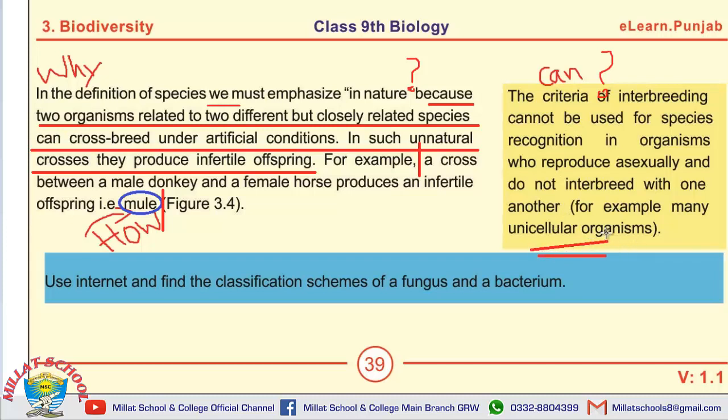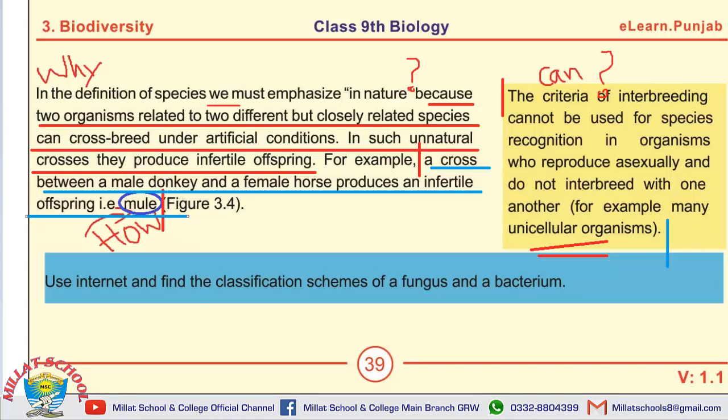The criteria cannot be used for species recognition in organisms, particularly for those organisms which reproduce asexually and don't interbreed with one another. For example, many unicellular organisms. And the MCQ is, a cross between a male donkey and a female horse produces an infertile offspring, that is the mule.